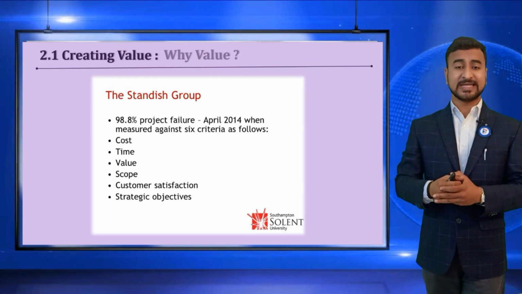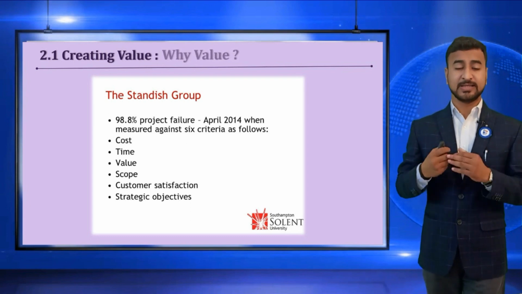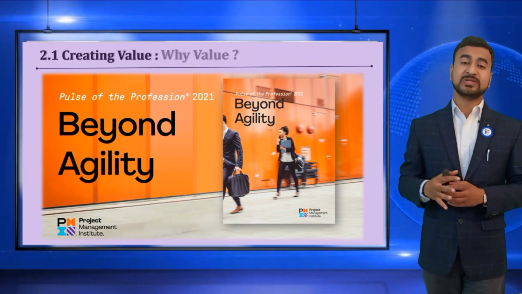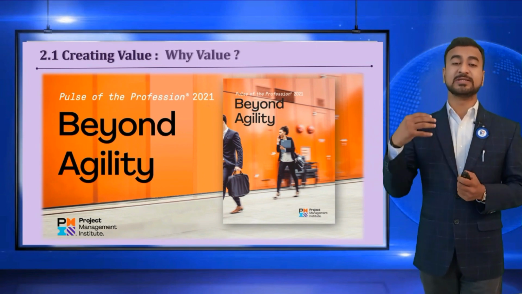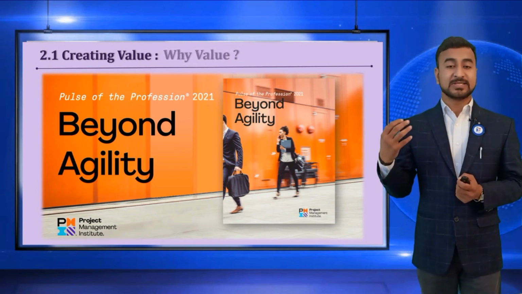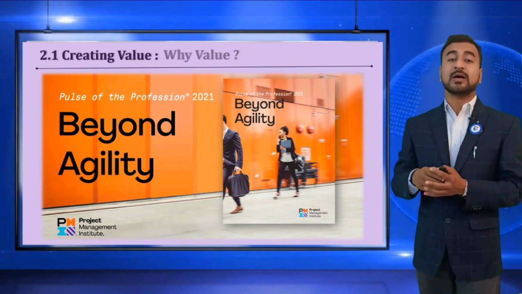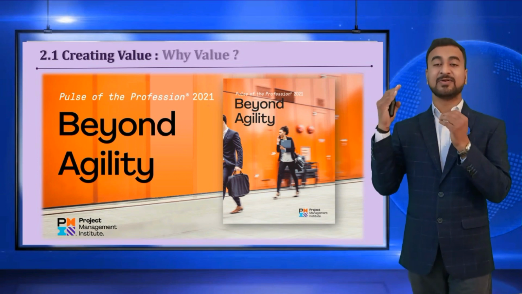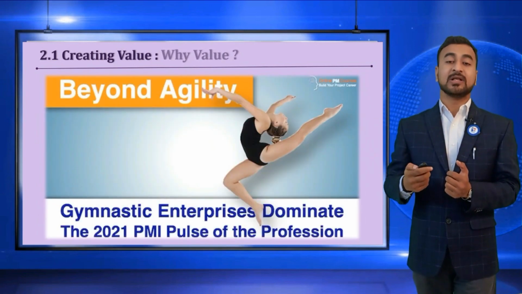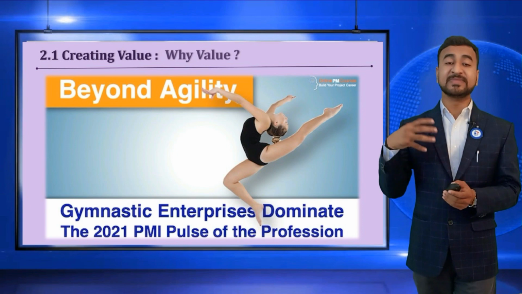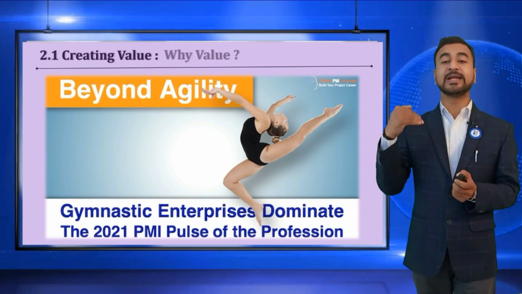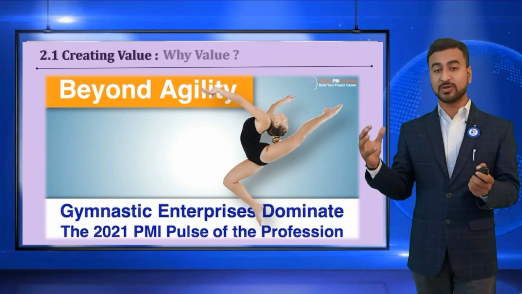And I'm happy to share a case study with you. PMI's Pulse survey in 2021, where they survey professionals and get insight into the market, revealed that agile organizations are focused on creating value rather than focusing on the process.